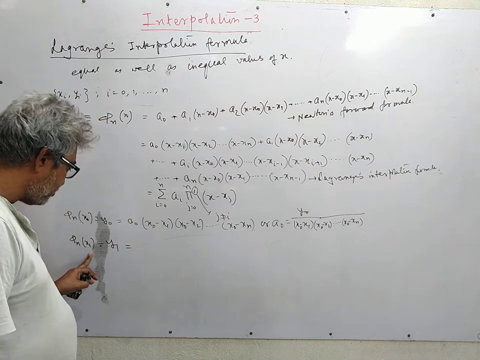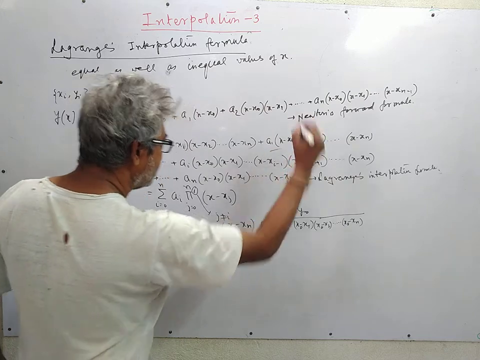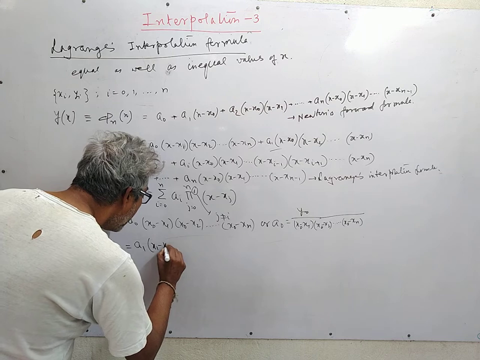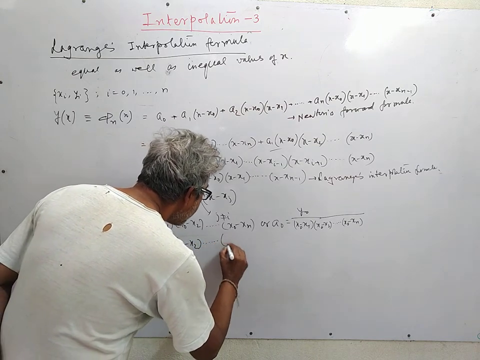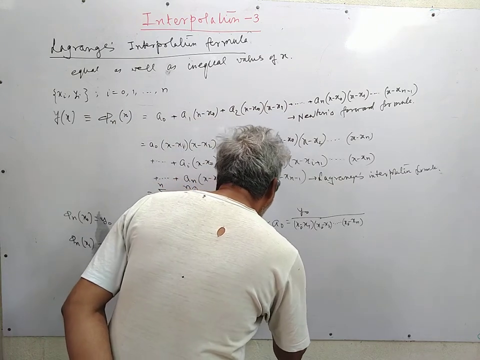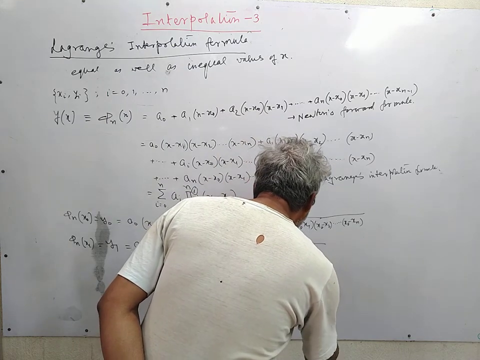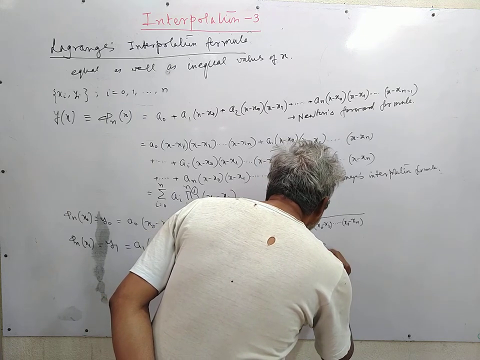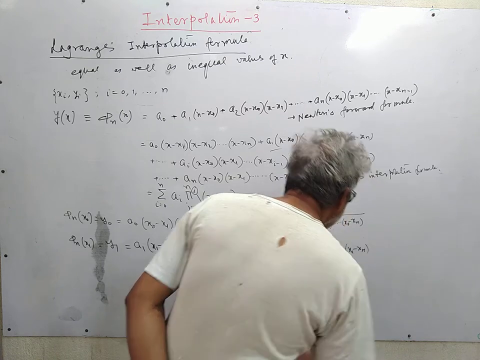As you put x equal to x1, all these terms vanish except this, and the result is a1 is equal to y1 divided by x1 minus x0, x1 minus x2, up to x1 minus xn.